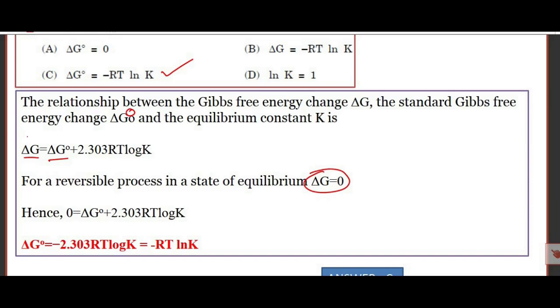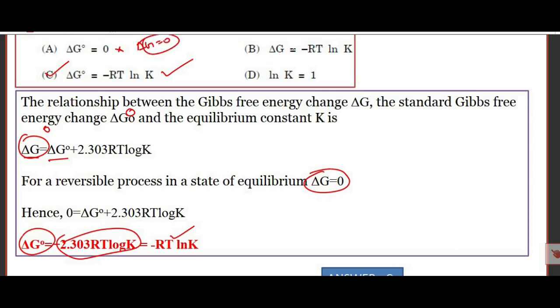Hence, this becomes 0. So delta G naught is equal to minus 2.303 RT log K. Hence, option C is correct. Delta G naught equal to 0 is wrong. For equilibrium, delta G is 0.